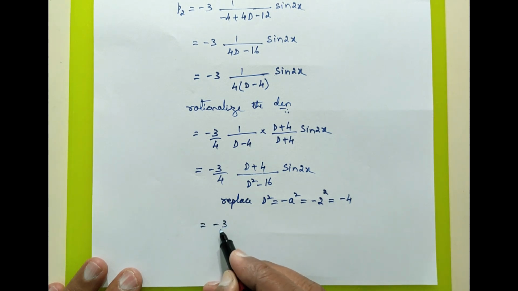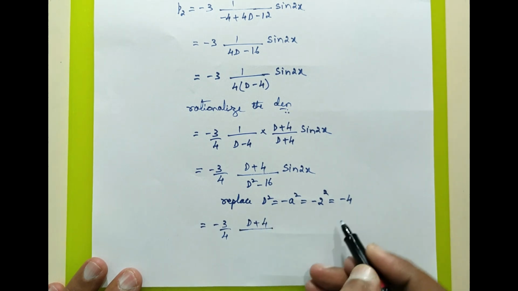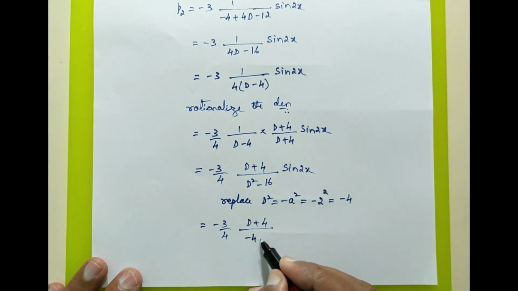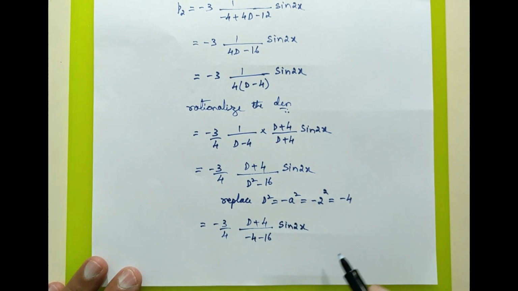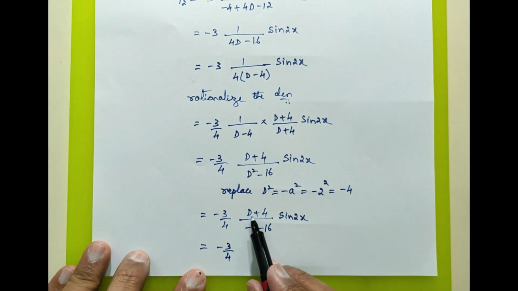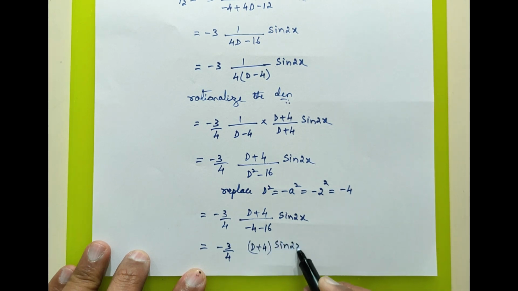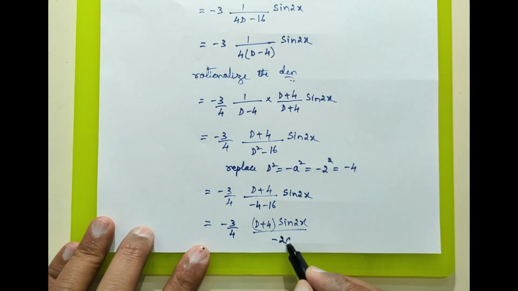You get minus 3 by 4 into d plus 4 divided by d square, which is minus of 4, minus of 16 sine of 2x, which will be equal to minus 3 by 4. Now you can multiply this d plus 4 with sine. So we'll be getting d plus 4 times sine of 2x divided by, in the denominator you get minus of 20.